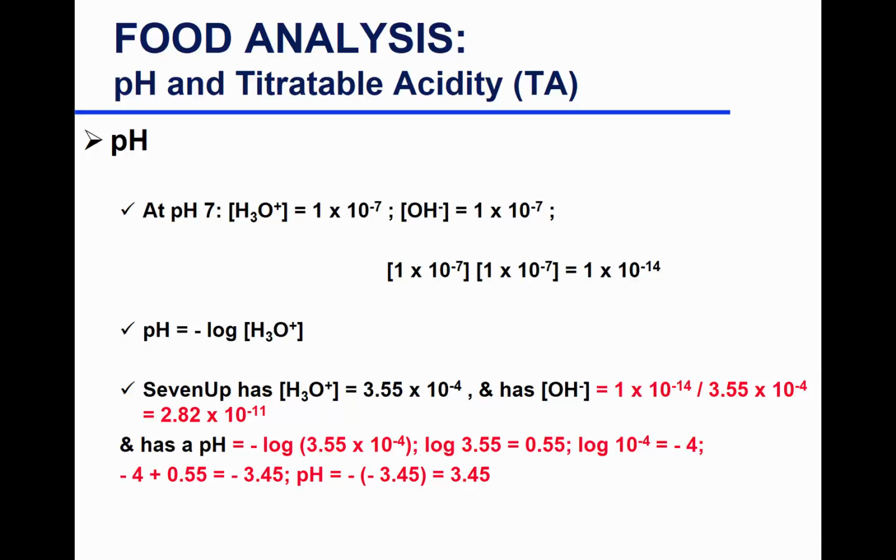So you get the log of 3.55 on your calculator. It depends what type of calculator. You can do this in 1 step or in 2 steps, depending on your preference. You can get the log of each one separately and then add them, or you can get the log combined, depending on whatever type of calculator you have.